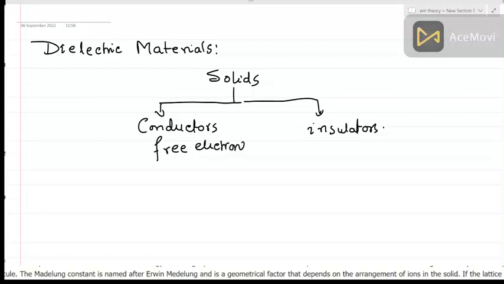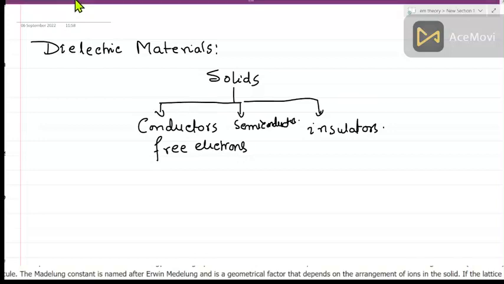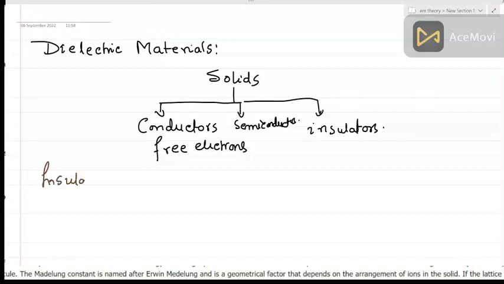And you know the basic definition of conductor and insulator, that a conductor has a large number of free electrons that conduct electric current when there is an electric field applied to the conductor. At the other extreme we have insulator, and in between we have these materials called semiconductors that we study in electronics. Now when we are discussing dielectric material, we are concerned about the insulators.